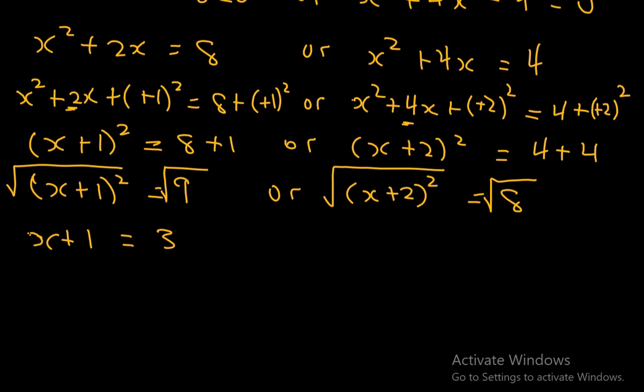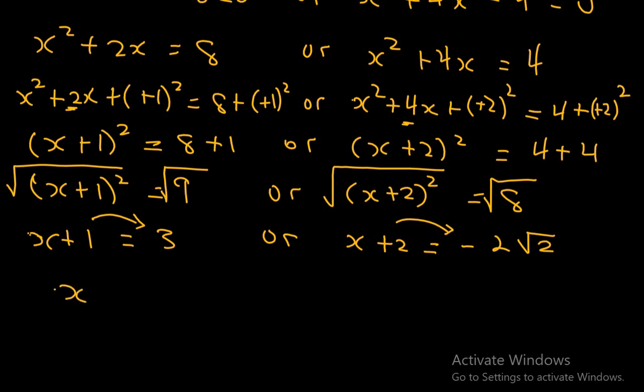Moving on, you have x plus 2 equal to, you take the negative part of this answer. The square root of 8 is more like the square root of 4 times 2. The square root of 4 is what? 2, so you have 2 root 2. And for the final answer, you move 1 to the other side, and also positive 2 to the other side.